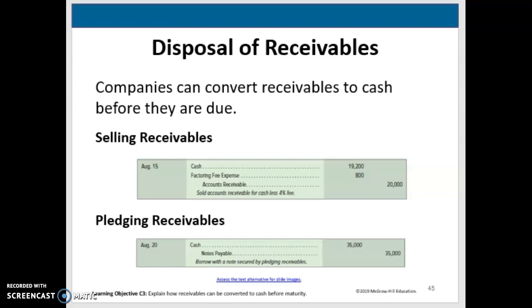Typically, it's an expense, and we're going to credit that accounts receivable. If we're pledging accounts receivable, we can raise cash by borrowing money and pledging those receivables as security for the loan. If the borrower defaults on the loan, then the lender has the right to be paid from those receipts of the receivable when it's being collected. So not something we see a whole lot, but something just to be aware of.